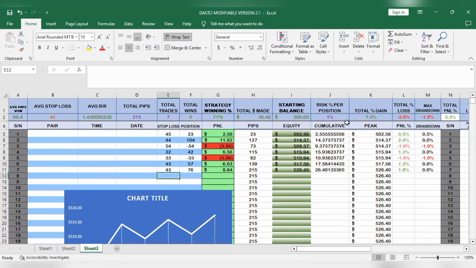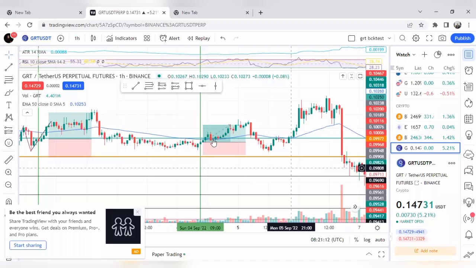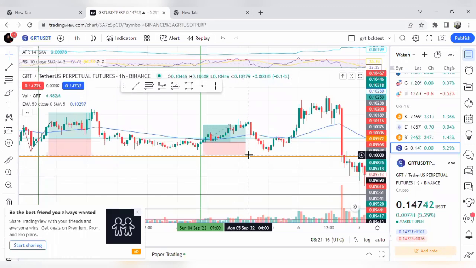And for those who might be confused since they are trading on Binance and all, this works across all different exchanges. What I do is, if I want to place trades on Binance, I first come to TradingView to plot my chart, and then once I've plotted the chart, I go to Binance to place the trades.